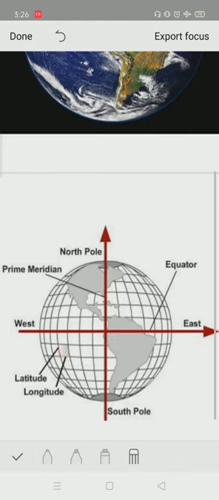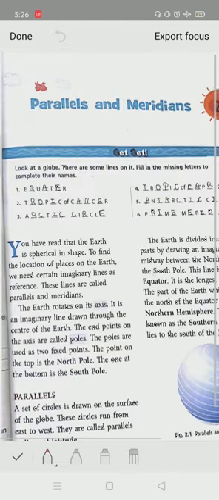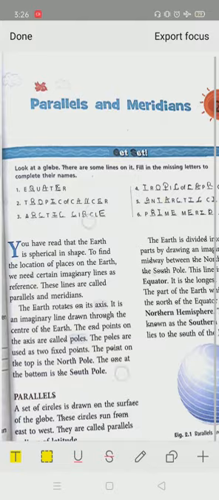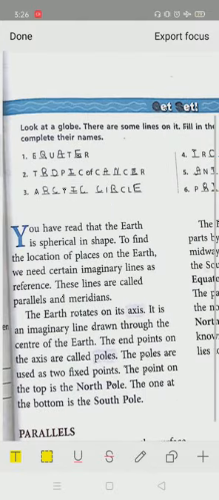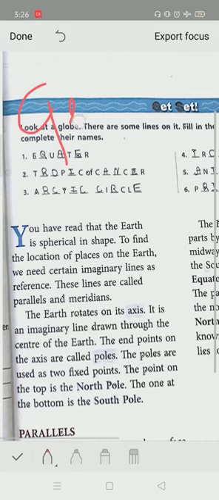So now we're going to read the chapter for further clarity. Fine. So you have read that the earth is spherical in shape. We saw the picture, the earth was a sphere. We also call it geoid. That's another name we give to earth's shape.